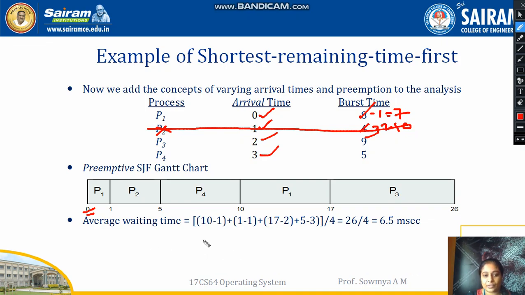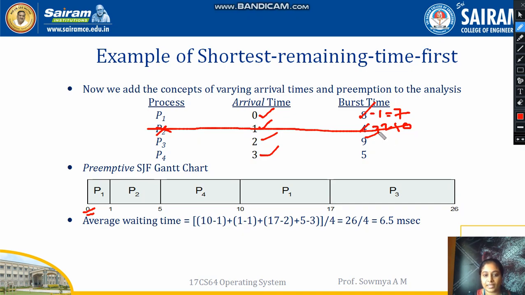To calculate the average waiting time, P1 started its second run at the 10th second, so 10 minus how long P1 had executed before, which was 1 second. Next is P2.